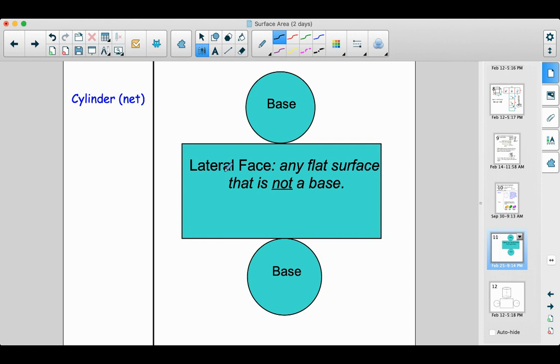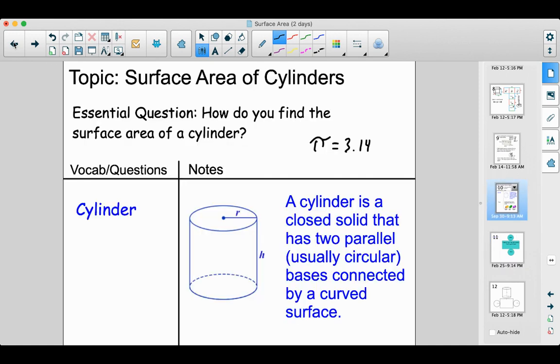All right, so if we think about this in terms of the nets that we looked at yesterday, think about taking a cylinder and unrolling it, like a can of soup. You cut it down the side and you unroll it. Hopefully you can see that the sides of the cylinder, if you lay it flat, create a rectangle.